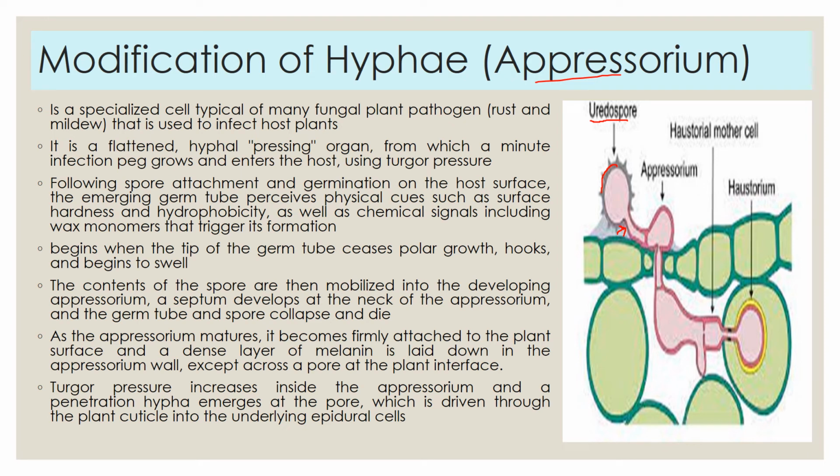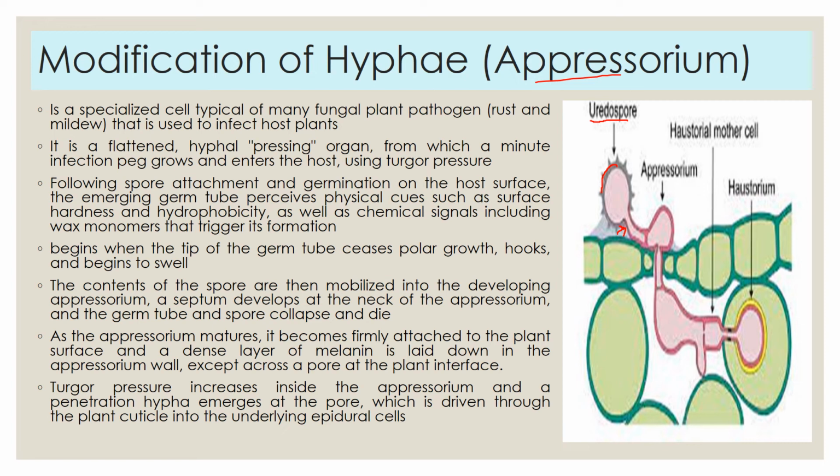So it searches for the host plant. Once it gets information about certain proteins or certain structural elements in the plasma membrane of its host plant, it will detect the host plant by these chemical cues.